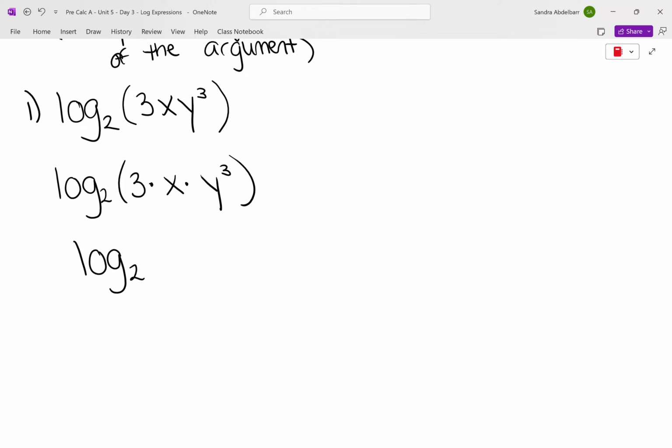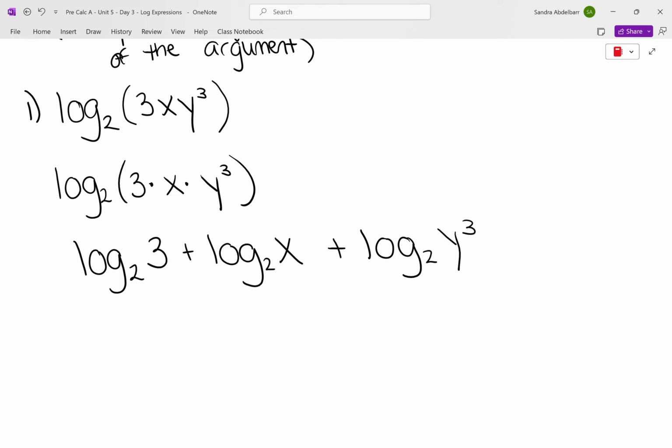So this is multiplication, I can split it into log addition. So this is going to be log base 2 of 3 plus log base 2 of x plus log base 2 of y to the third. I'm still not done. What is wrong with this? Timmy? Exponent on the last one. Good.